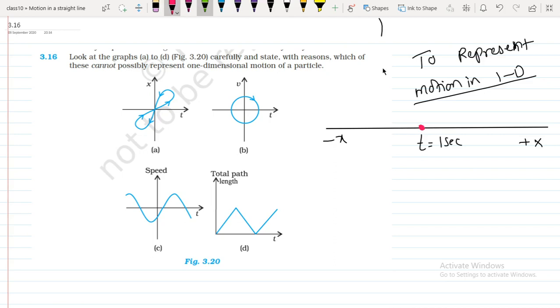It cannot be at two positions at a single time. So that is the meaning of one dimension.